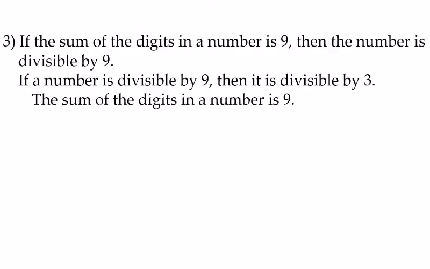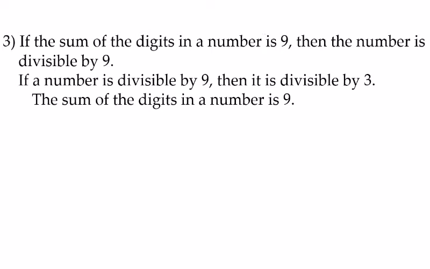All right. Number 3 says, if the sum of the digits in a number is 9, then the number is divisible by 9. Which, by the way, is a cool trick to determine if a number is divisible by 9, right? And then the next statement says, if a number is divisible by 9, then it's divisible by 3. Okay.